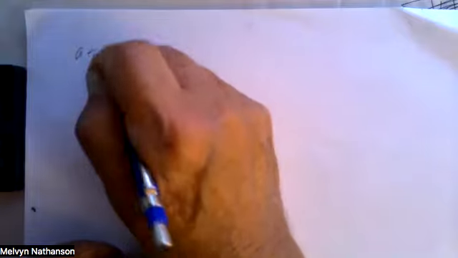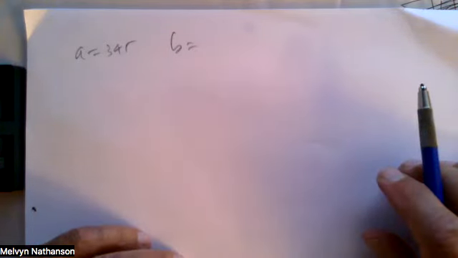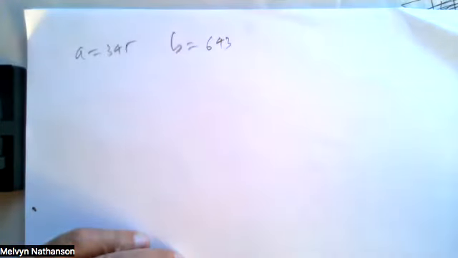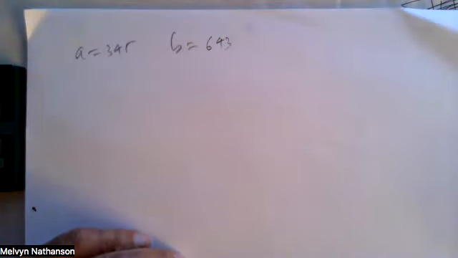Anybody have a number? 345. Okay. So let A be 345. I need another number, B. 643. Okay. So I want to find the greatest common divisor of these numbers.